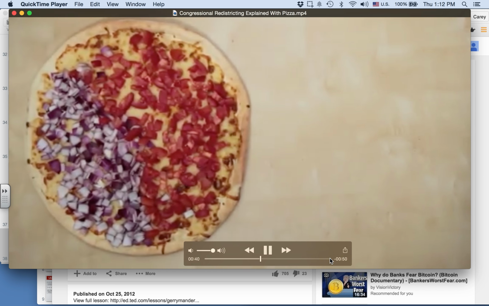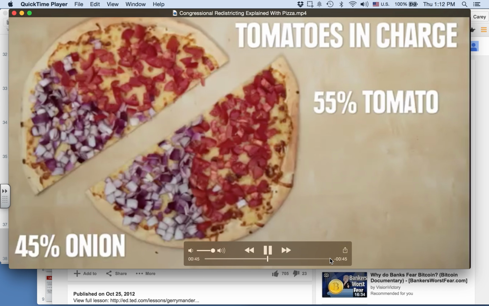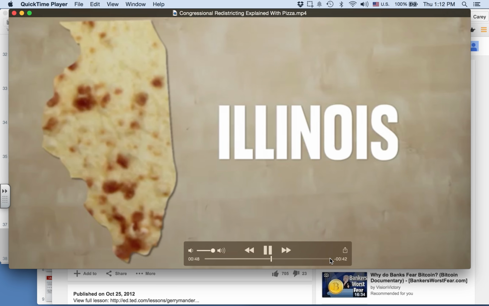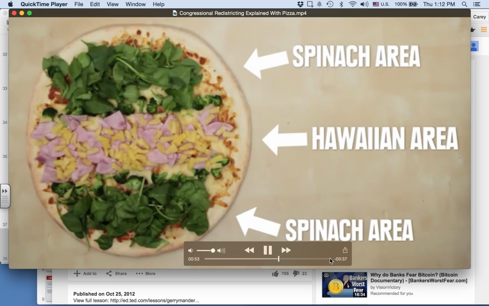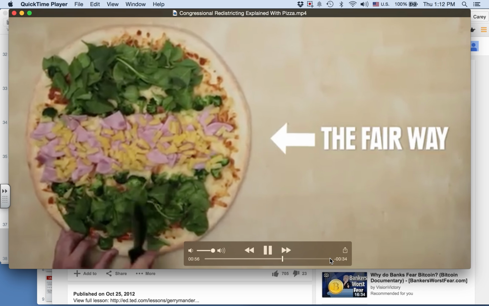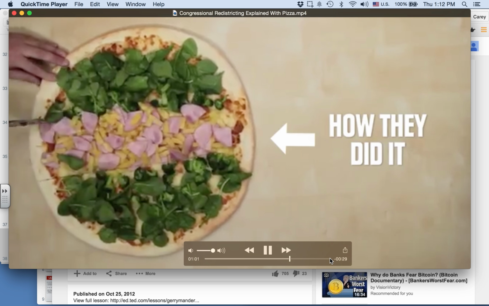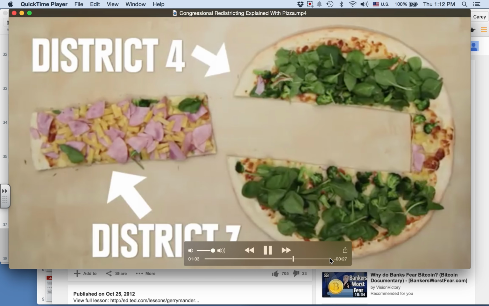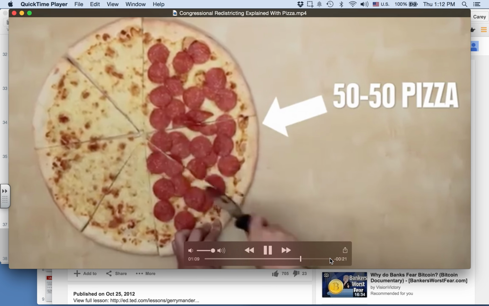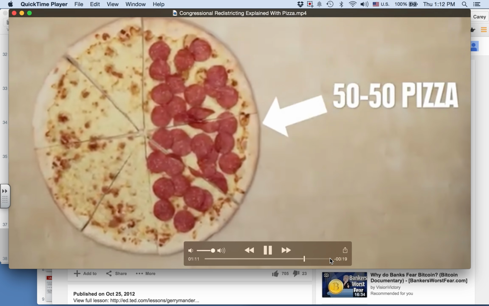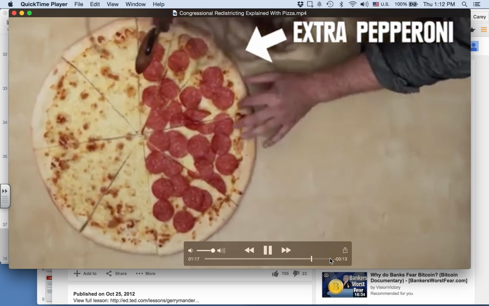But when the tomatoes were in charge of the whole state, they resliced the district so it was only 45% onion, and the long-serving onion congressman lost his job. In an Illinois district, there was a part of Chicago that was primarily Hawaiian pizzas, sandwiched between a bunch of spinach neighborhoods. A fair way to slice the pizza would have had the Hawaiian slices distributed evenly with their neighbor. But Illinois did it a little different. These partisan pizza redistricting practices could be an explanation of why, in a country where 50% of voters went for cheese representatives and 50% went for pepperoni, the pepperoni could have more slices of the pie.